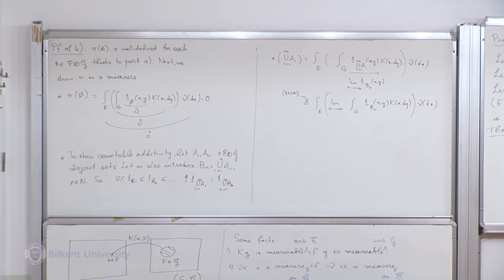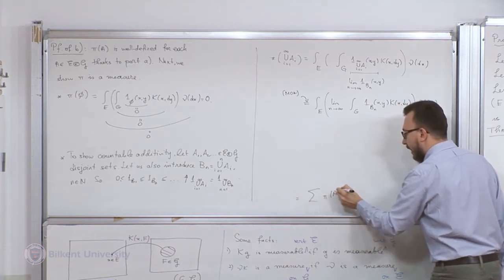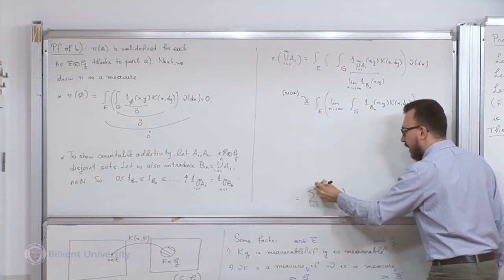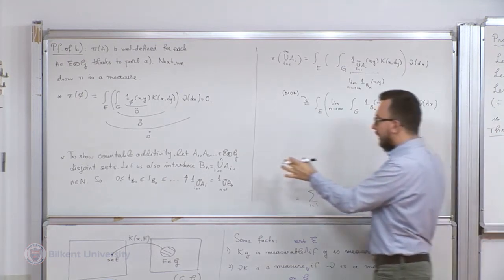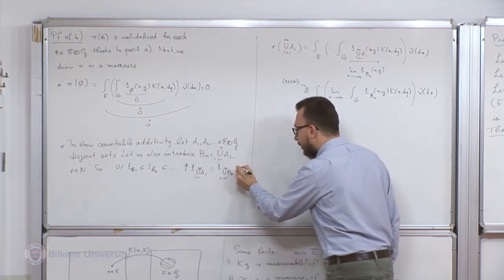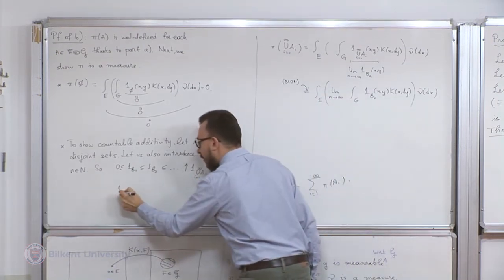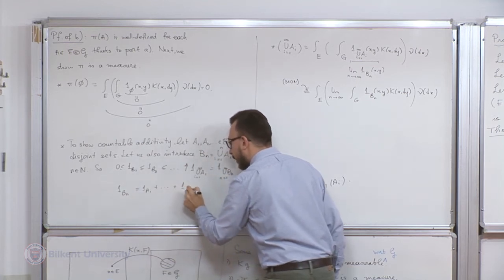But at the end of the day, I want to get the sum of pi of A_i's, right? So in my end result, I don't really want B_n's. So let's use the fact that B_n is a disjoint union of A_1 to A_n. So let me also say here that the indicator of B_n is nothing but the indicator of A_1 plus up to the indicator of A_n.